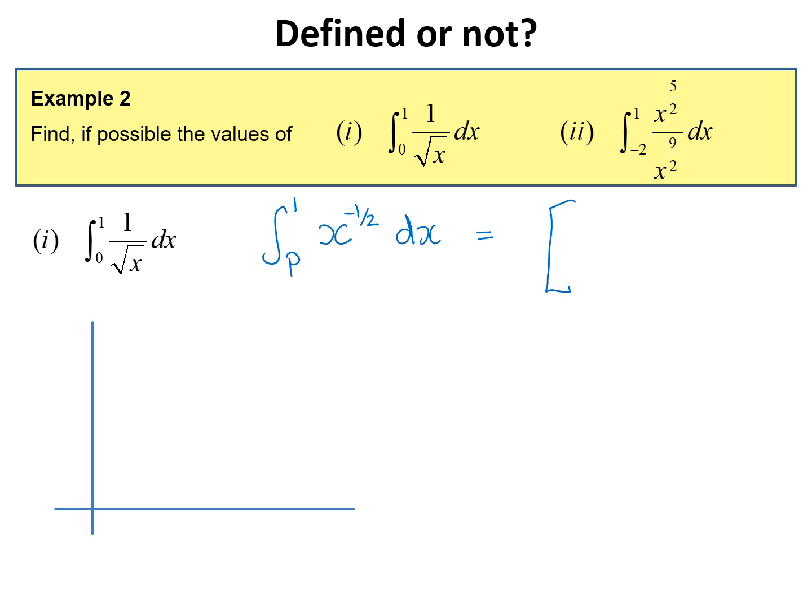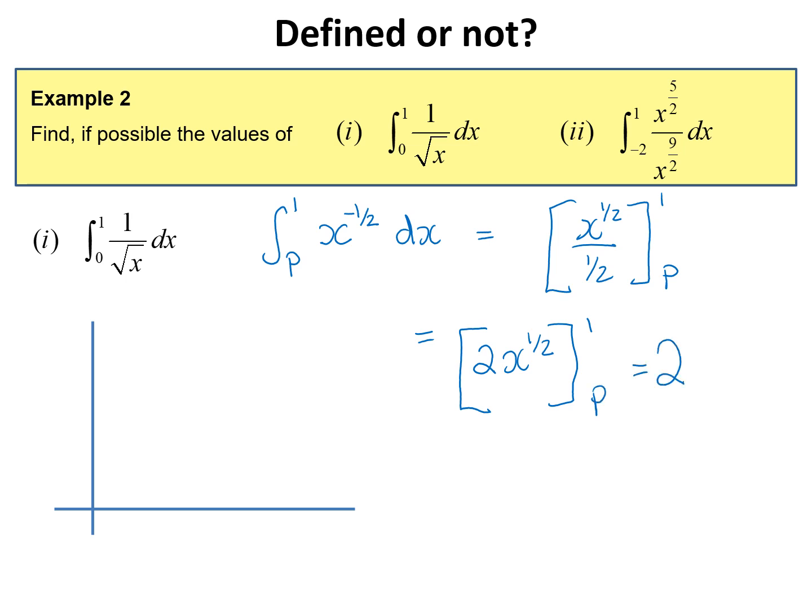Add 1 to the power, divide by the new power, stick in the limits, make it look nice before we stick in the limits. Then you're just going to get 2 minus 2, and p to the half is root p, isn't it?